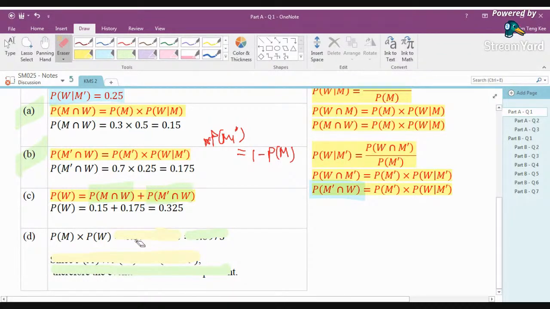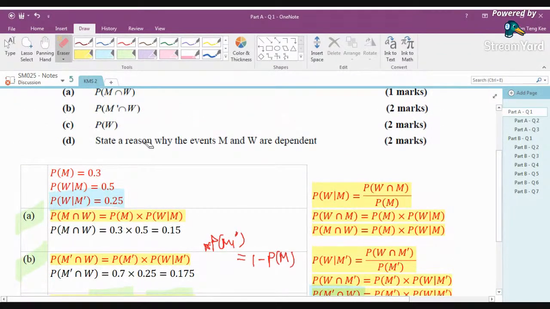Then part D: state the reason why events M and W are not independent. So, are dependent. Here, that means we are referring to events such that they are not independent, in other words, not independence.